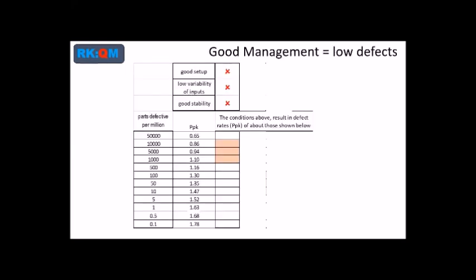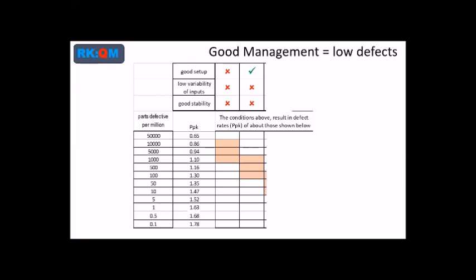This is my perception of the influence of setup, capability, and stability on the resulting ppm defective produced, and also its influence on the capability of the process. With no control over setup, variability, nor stability, you are likely to produce more than 10,000 parts per million, or 1% waste.